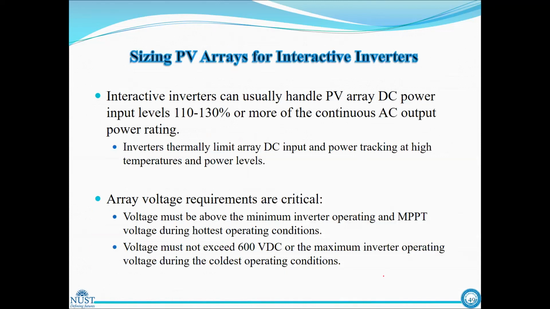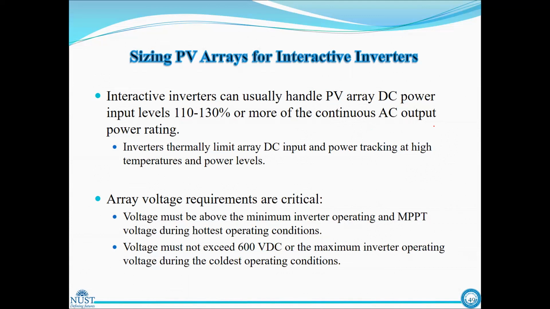Okay, so summarizing, photovoltaic module arrays, and then the inverter required. You see, the DC power output of photovoltaic array should be sized according to the AC output requirements of the inverter, and this value should be at least 110% of the AC output power rating.